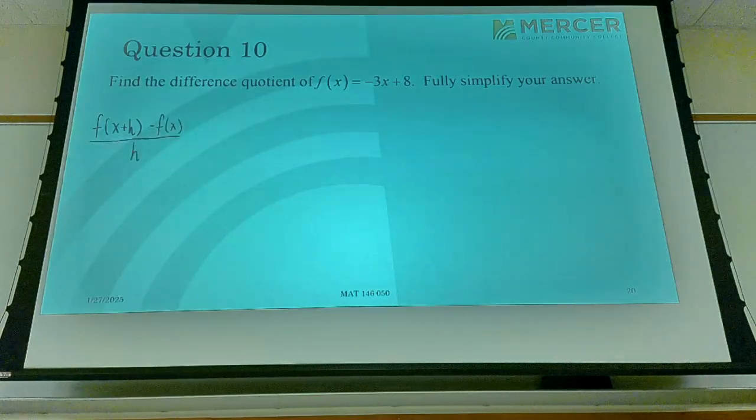Remember, that is the difference quotient: f of x plus h minus f of x, then all divided by h.